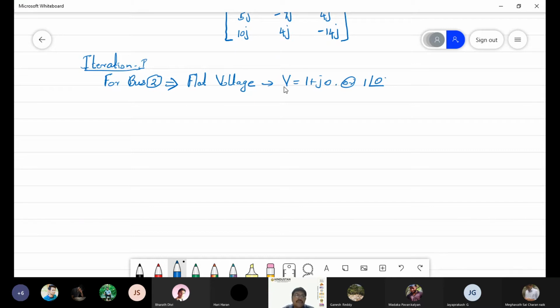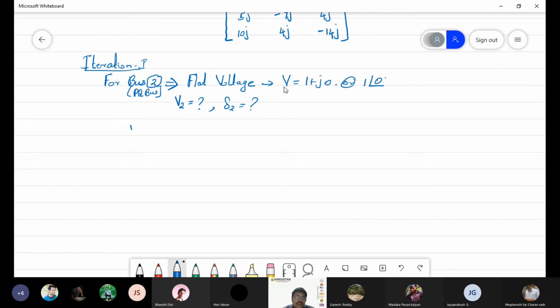Next we need to write the formula, since it is a PQ bus. For bus 2, hope you are able to see, this is a PQ bus, right? So what are the values we need to find here from bus 2? V2 is what we have to find. Similarly, we need to find del 2, right? So this is our ultimate aim at bus 2, because the unknown values are V2 and del 2.